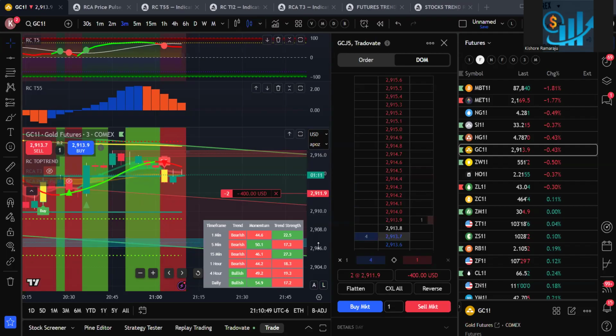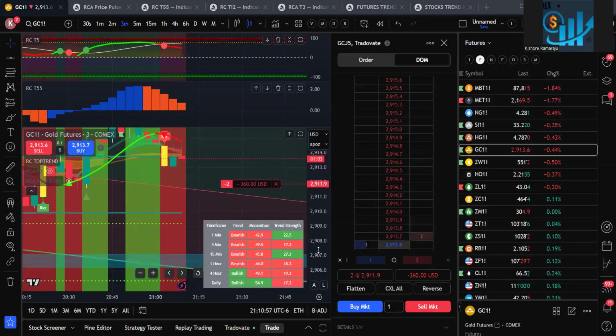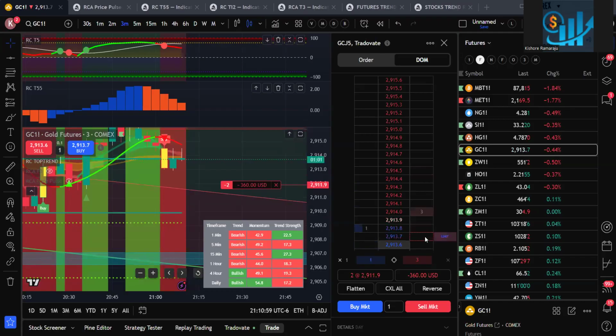So it gave a sell, went back to T5, and again is trying to drop. I'll add one more position.